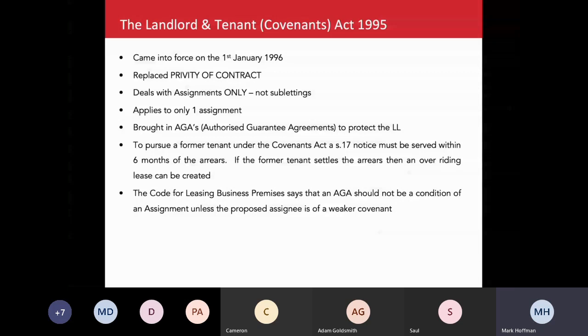For example, going back to the example I gave you about Tesco, if Tesco come along and say, I want to assign, you could say, well, okay, fine, but we're going to put into the lease that an authorized guarantee agreement has to be in place whereby you can only assign to a tenant of a similar covenant strength. So there's all sorts of ways of protecting the landlord's position.